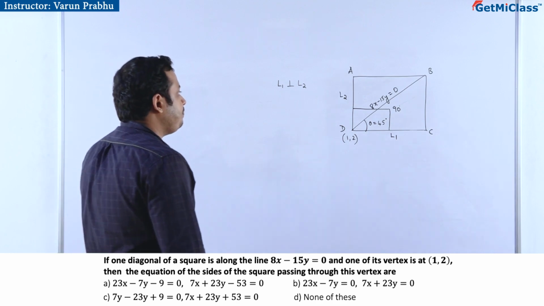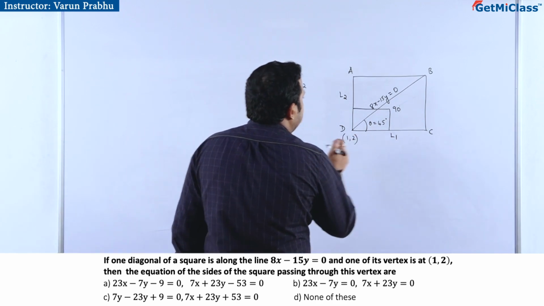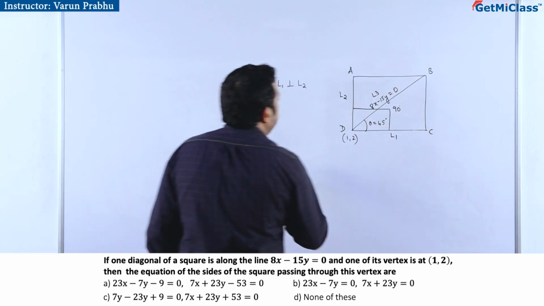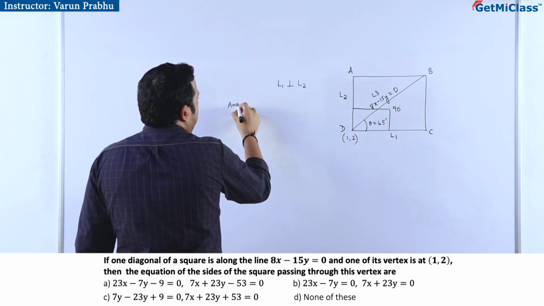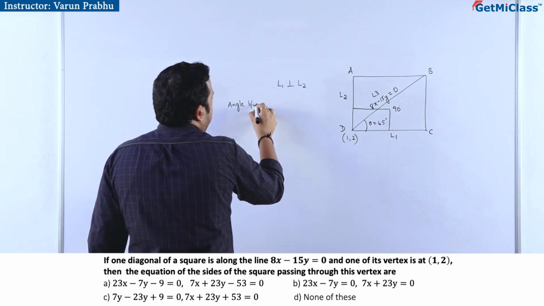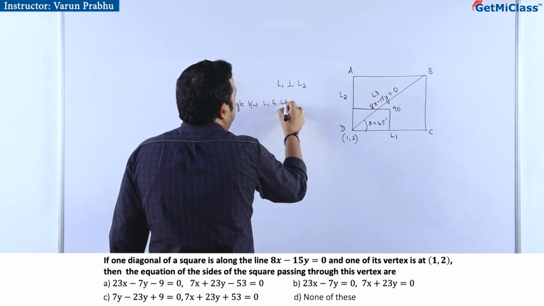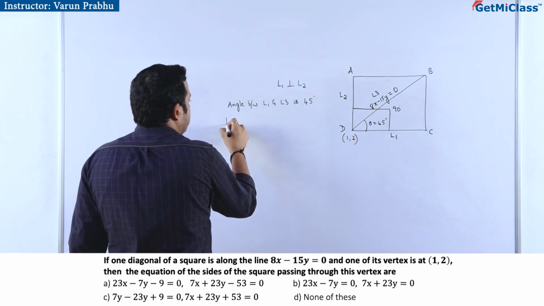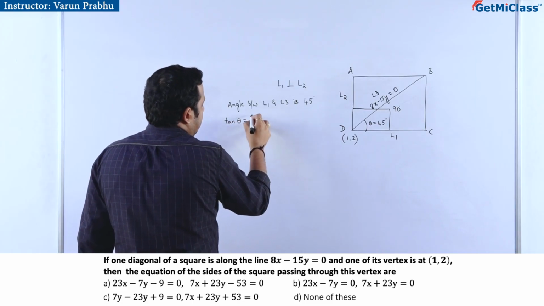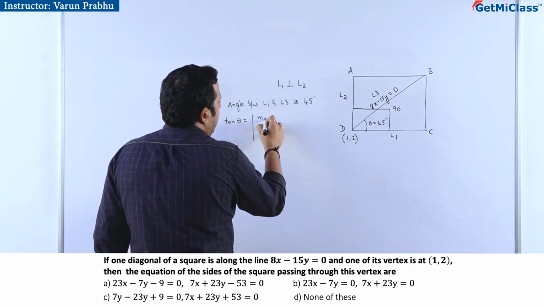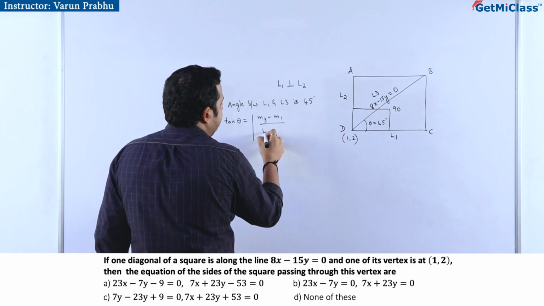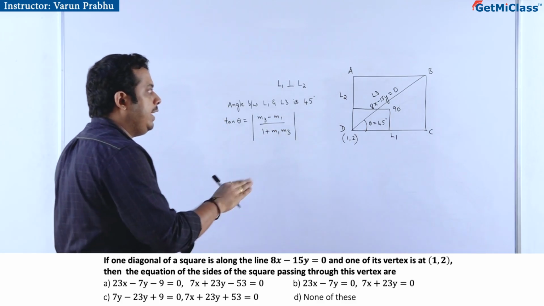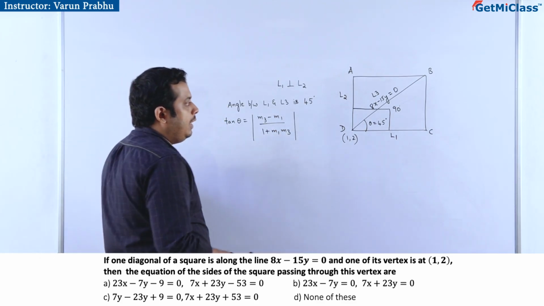Now, if I call this line number 3, the angle between L1 and L3 is 45 degrees, correct? So I can say tan theta is equal to modulus of (m3 minus m1) divided by (1 plus m1 m3), where m1 is the slope of line 1 and m3 is the slope of line 3.